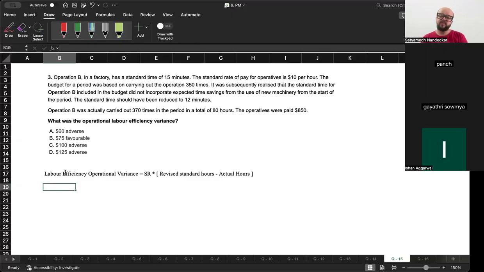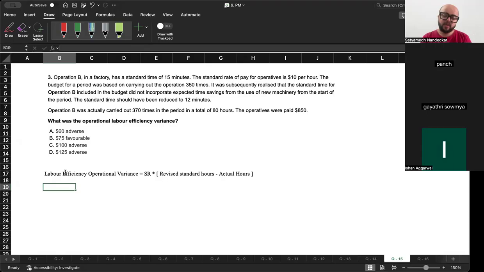The standard rate of pay for operatives is 10 per hour. The budget for a period was based on carrying out the operation 350 times. It was subsequently realized that the standard time for Operation B included in the budget did not incorporate expected time savings from the use of new machinery from the start of the period. The standard time should have been reduced to 12 minutes. Operation B was actually carried out 370 times in the period in a total of 80 hours. The operatives were paid 850.